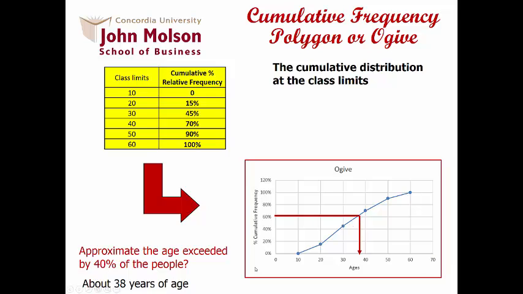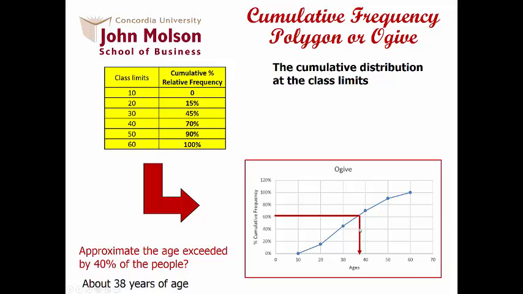What is the use of that? If I want to answer this question: approximate the age exceeded by 40% of the people. It is a cumulative. It tells me less than. So if it is exceeded by 40%, it will be less than 60%. So I identify on this ogive where is 60%. It's about here.